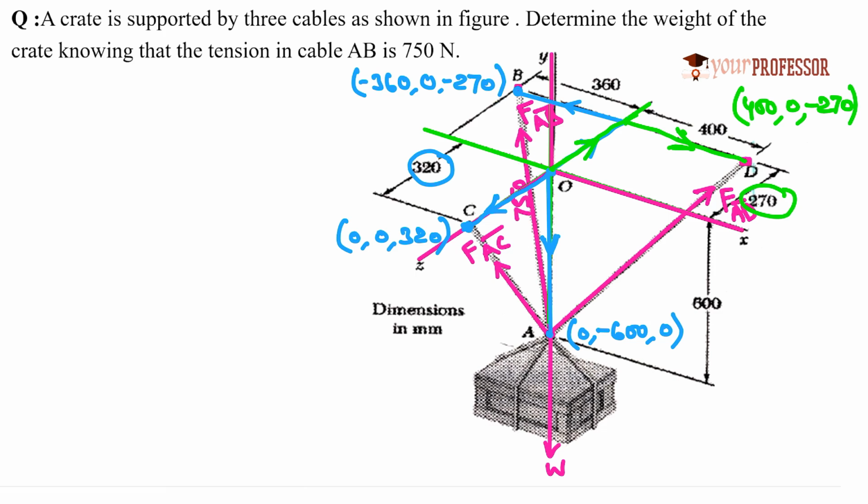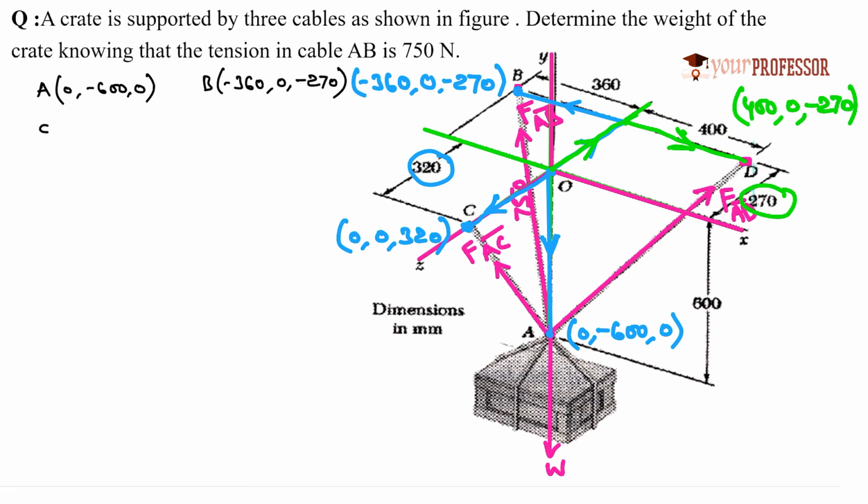So let's write here. Coordinates of A are 0, minus 600, 0. Coordinates of B are minus 360, 0, minus 270.